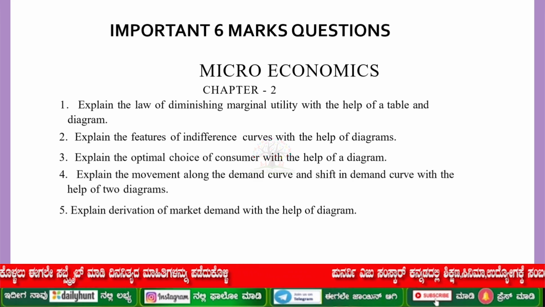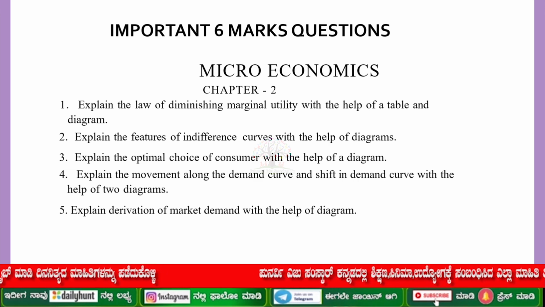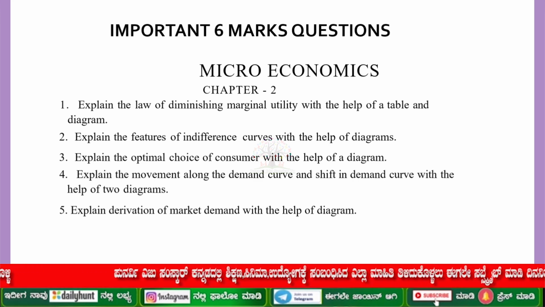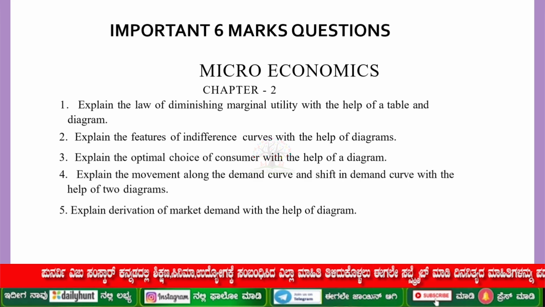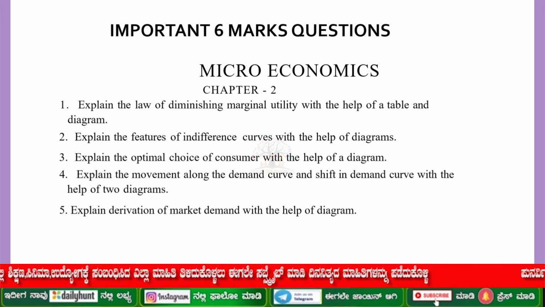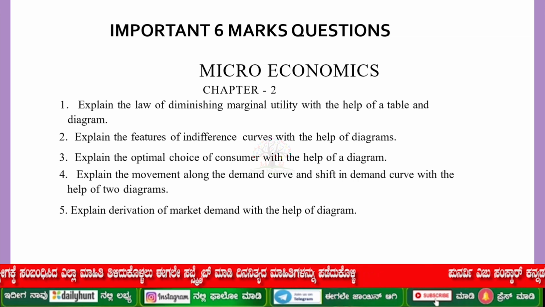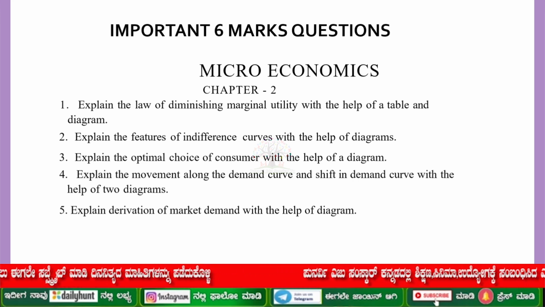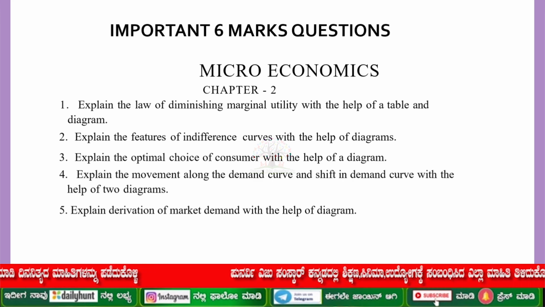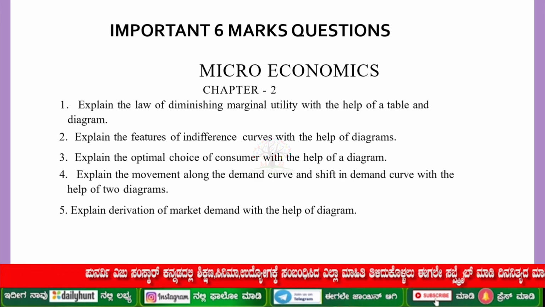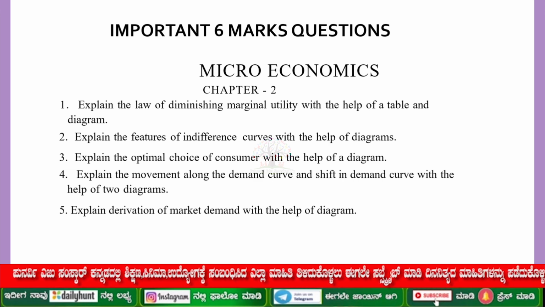That one question may be LDMU, the features of indifference curve, optimal choice, movement along the demand curve and shift in demand curve, or derivation of market demand curve with the help of a diagram.